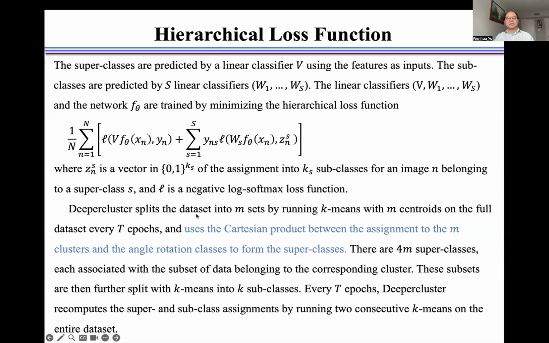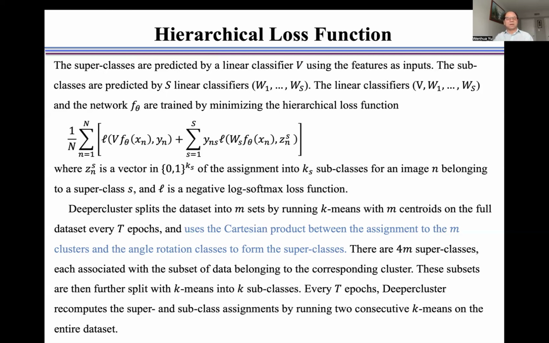DeeperCluster splits the dataset into M sets by running k-means with M centroids on the full dataset every t epochs, and uses the Cartesian product between the assignments to the M clusters and the angle rotation classes to form the superclasses.